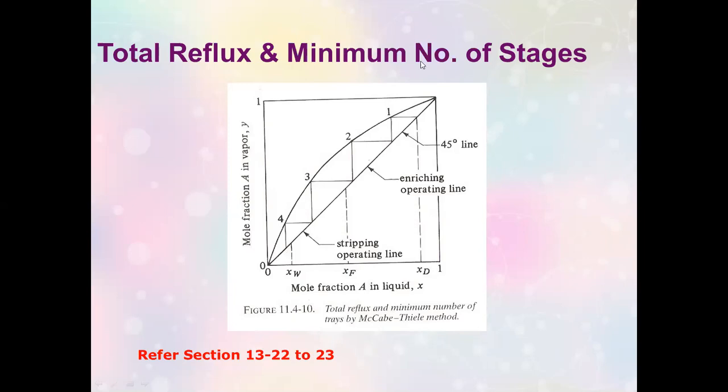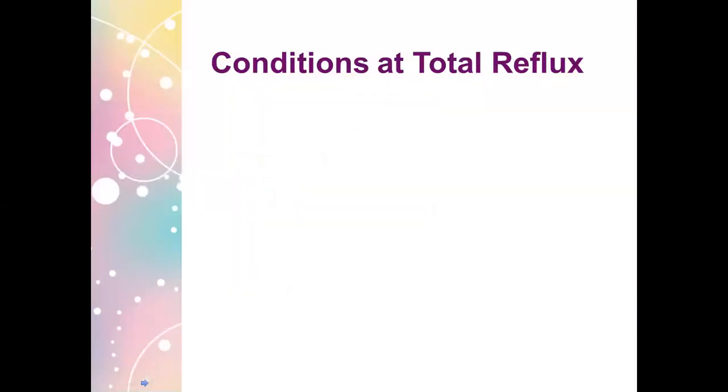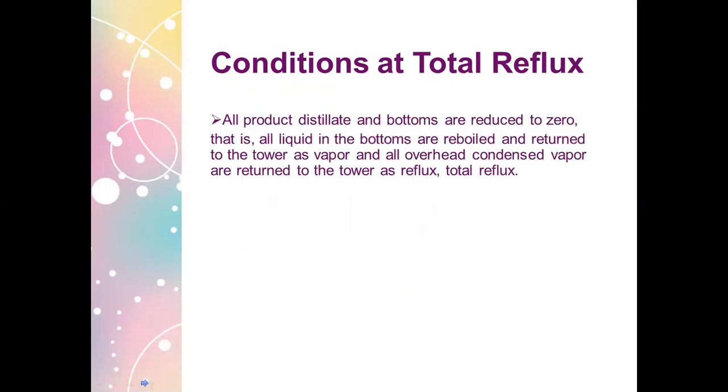Now, this minimum number of stages is connected to the principle of total reflux. And actually, the condition in itself is implying what is happening here. In the condition of total reflux, the distillate and bottoms are reduced to zero. All liquid in the bottoms is reboiled and returned to the tower as vapor, and all overhead condensed vapor is returned to the tower as reflux.